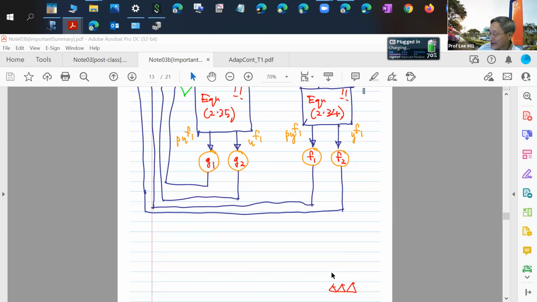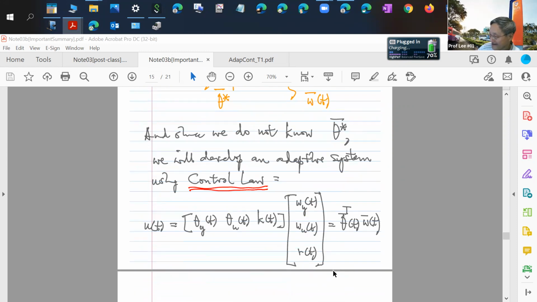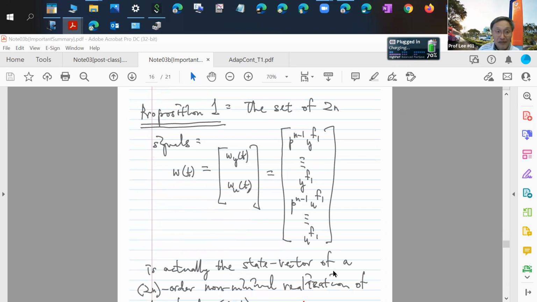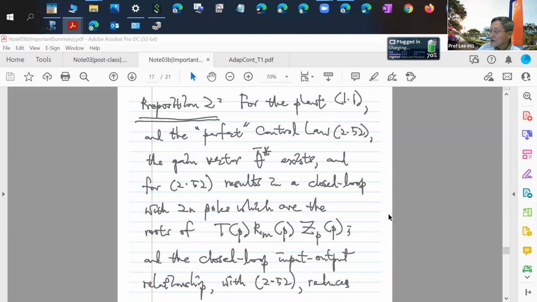Which now brings me to my second very important result. Because I'm going to develop the adaptive control, and before I do that, I need to establish all these results in place. So this is proposition 1, and I will talk about establishing this shortly. Proposition 2 looks at that diagram exactly as I told you to stare at for the whole of last week.